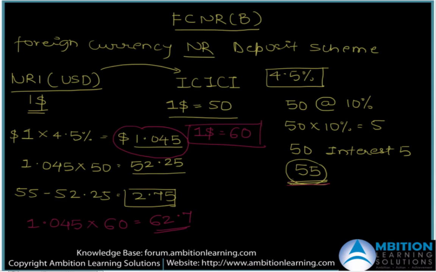How much do I have at the end of the year? 55, which means I will make a loss of 7.7 rupees if there is a movement in the currency where the rupee is depreciating.